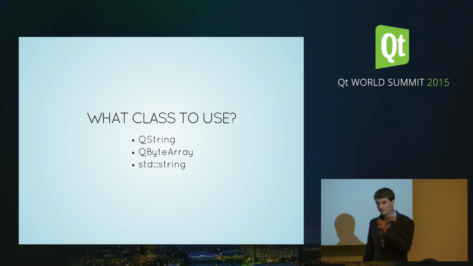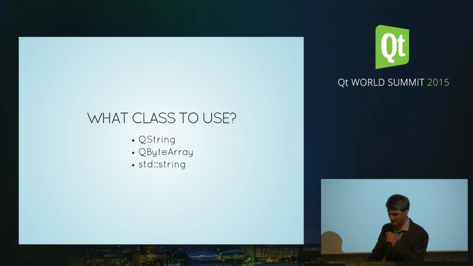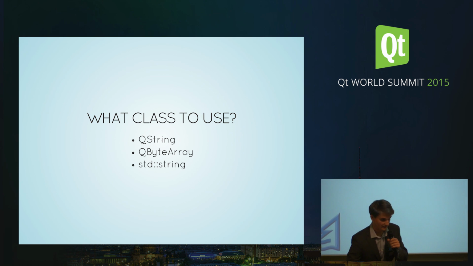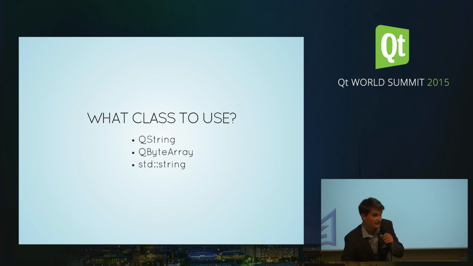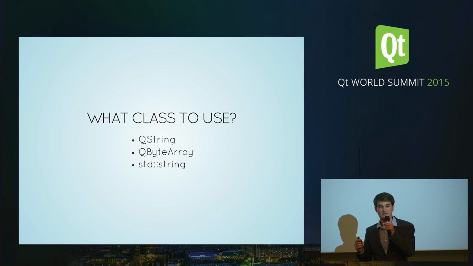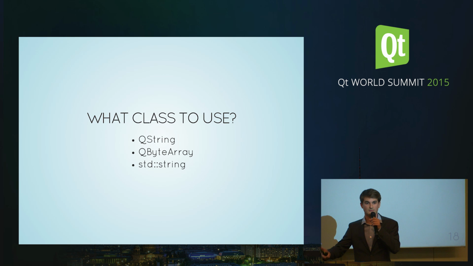So one slide I put up explicitly because I think people keep misusing QString. You have to be aware that QString internally converts your data to UTF-16. Oftentimes, that's not what you need. QString is perfect if you then want to display these contents to the user on the screen.